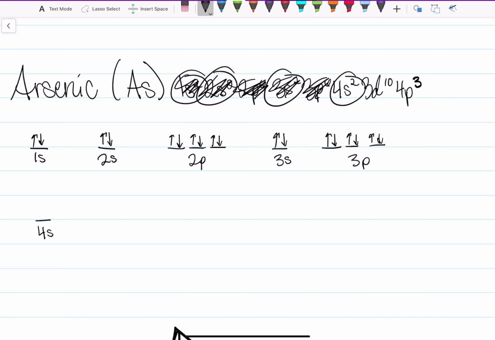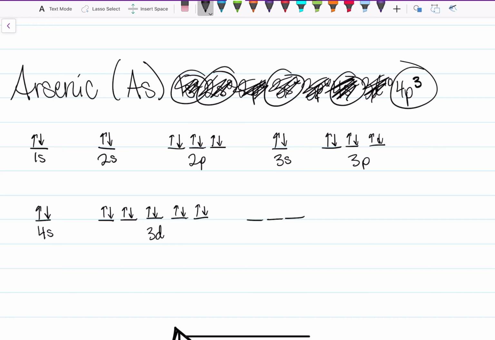We're going to drop it down here because we ran out of space. If you still have space, you're welcome to continue on. For 3d, D has 5. And there's 10. So we've got 1, 2, 3, 4, 5, down 6, 7, 8, 9, and 10. And the very last piece is 4p3. So 1, 2, 3 lines because it's p. We'll label it as 4p, and we've got 1, 2, 3. It should look like that.